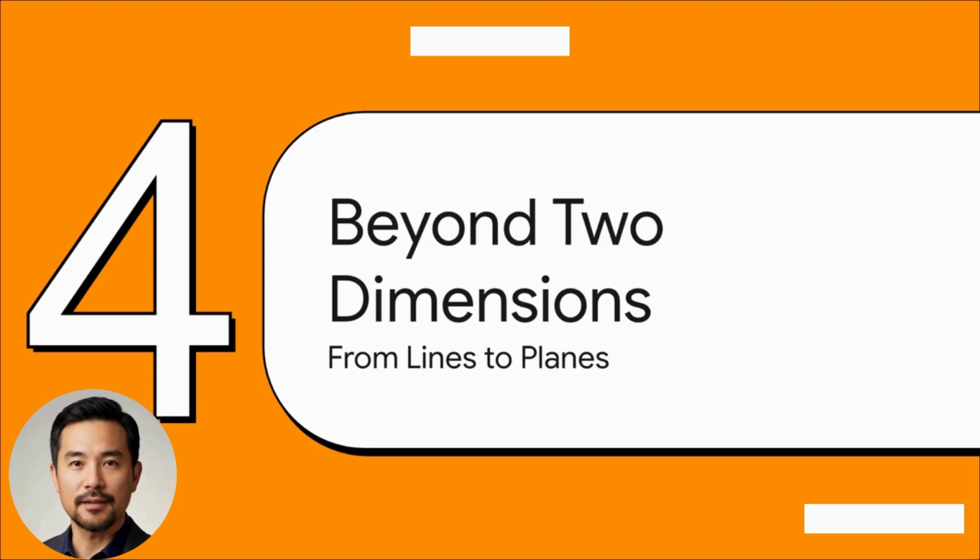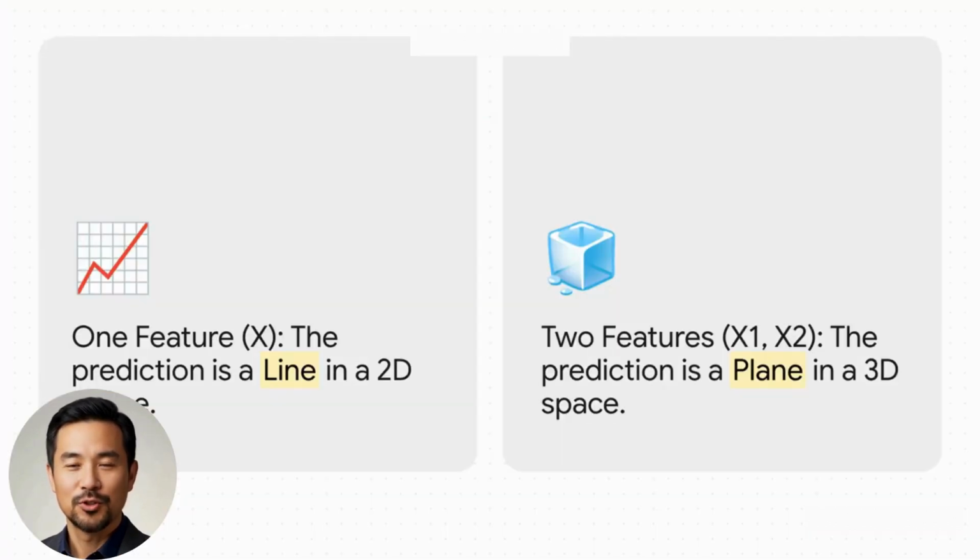All right, so we've got a good handle on lines in a simple 2D world. But let's be real. Real-world problems are usually way more complicated than that. So what happens when our data gets a little more complex? So far, we've been using just one input, or feature as we call it, to predict our outcome. And that gives us a nice, simple line. But what if you have two features? Let's say you want to predict a house's price not just by its size, but also by the number of bedrooms.